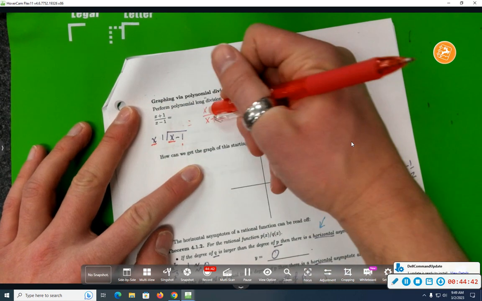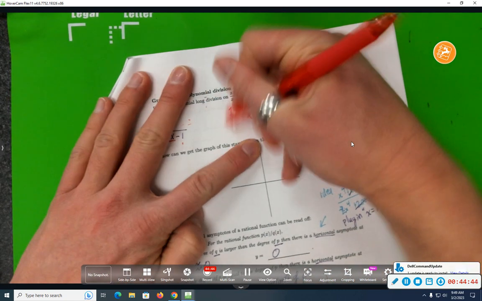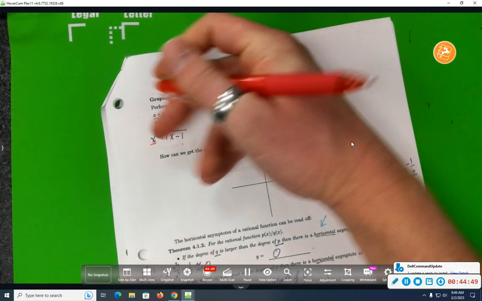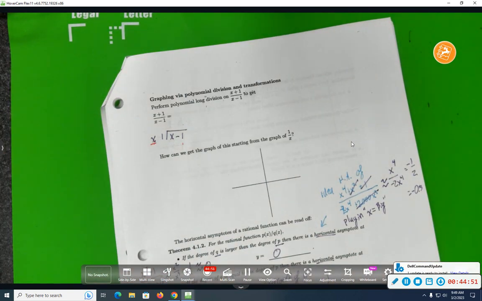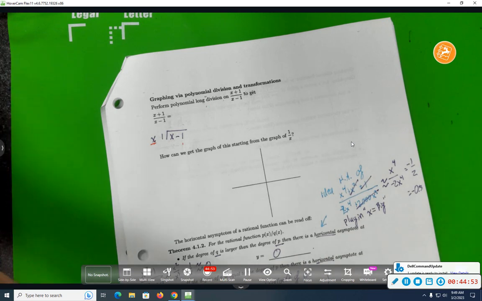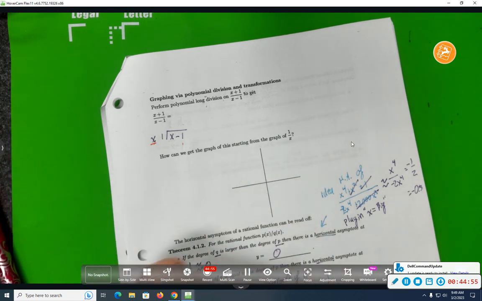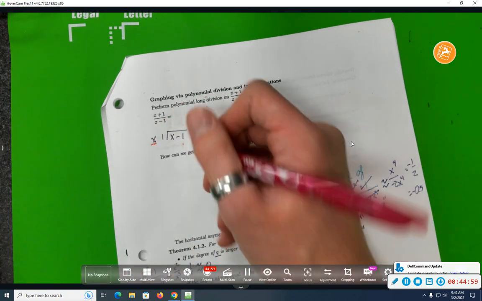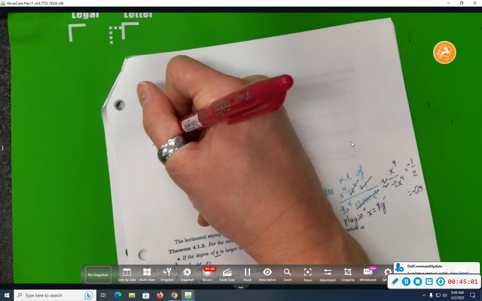This is why my pens have erasers. And that is absolutely something that I am bad at keeping straight, especially when they're both the same degree. So, all right. The one on top should be the one in the box, right? Yeah, the one on top is the one in the box.